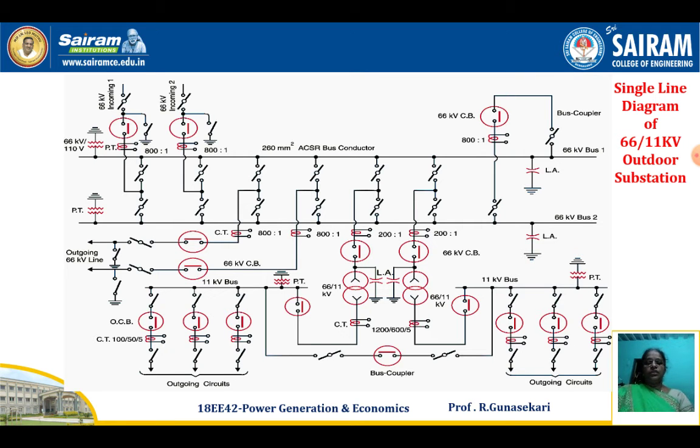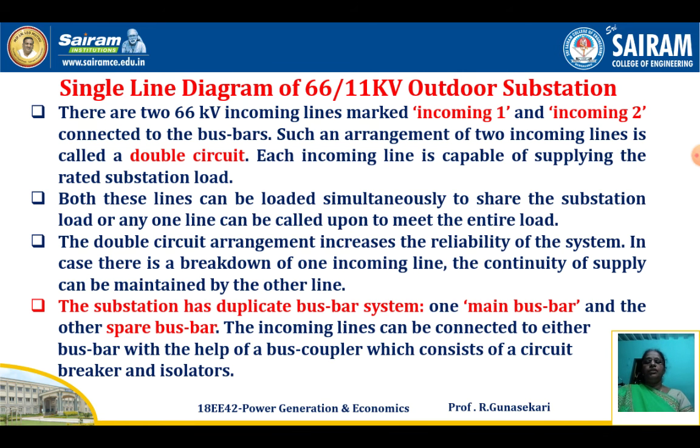So you can draw this diagram and write the theory. We studied the theory of the single line diagram of a 66/11 kV substation. There are two 66 kV incoming lines, as we already saw in the circuit diagram. Therefore this arrangement is called the double circuit only.